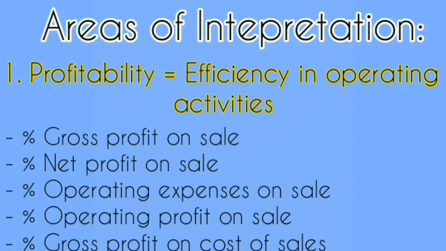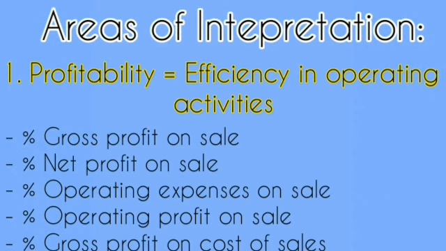And the financial indicators that help you identify whether the business is able to make profit from what they are selling or whatever their service is: percentage gross profit on sales, percentage net profit on sales, percentage operating expenses on sales, percentage operating profit on sales, percentage gross profit on cost of sales.